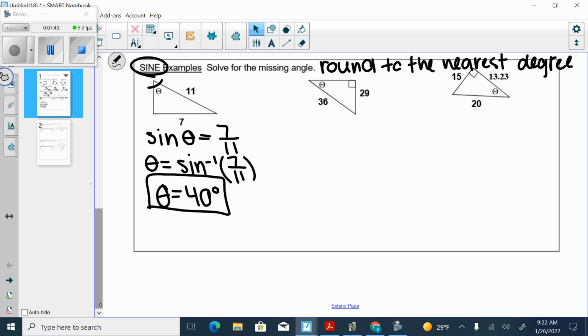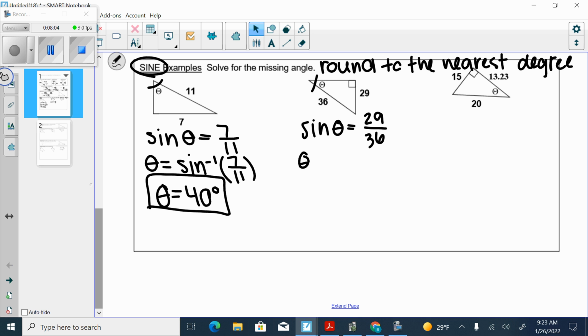All right. Same thing here. There's my missing angle, so sine of theta equals, what's my opposite over hypotenuse here? Good. Alright, and so how am I going to find theta? Inverse. Good.